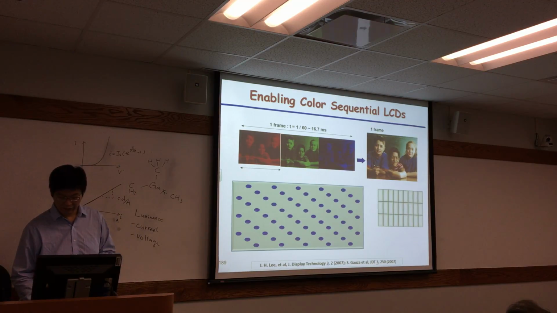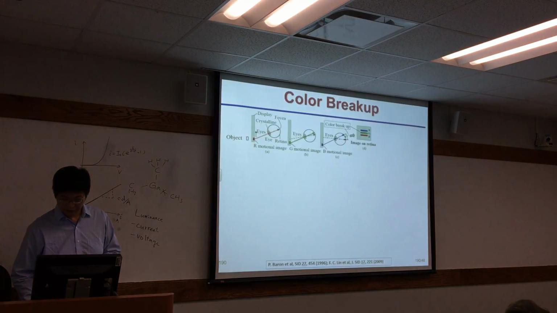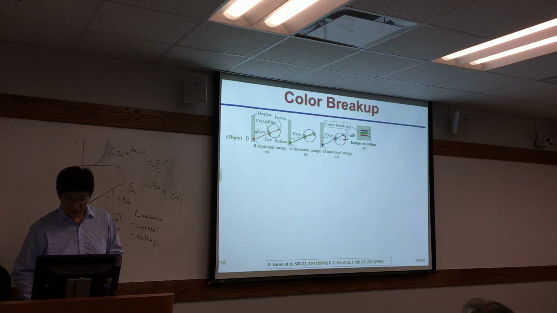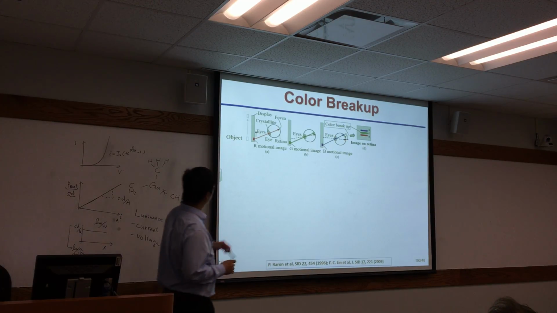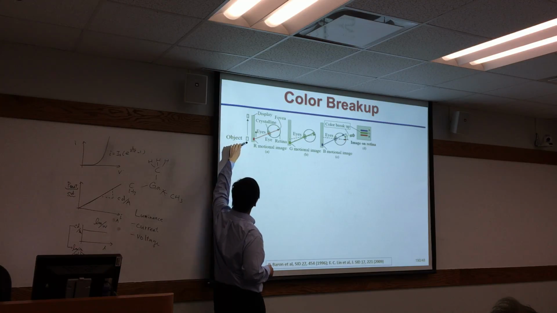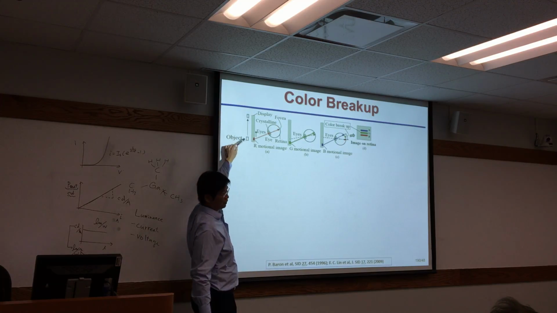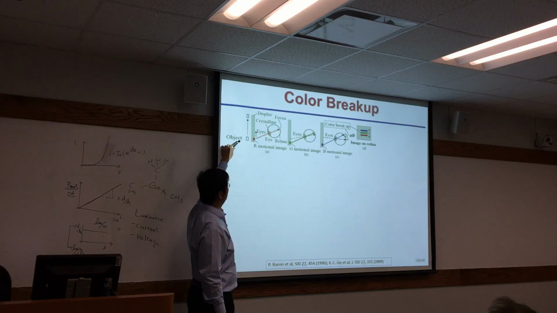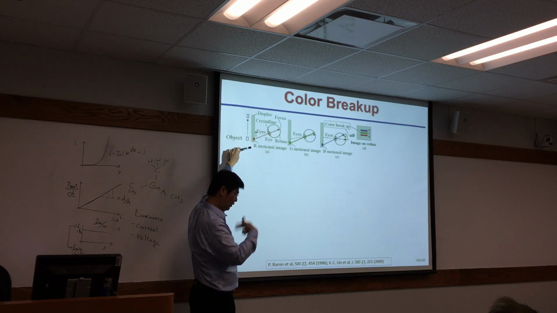So that's another issue. And the other issue is color breakout, which means when we see a moving object from here to here, if that is white, you need that because that's time sequential.